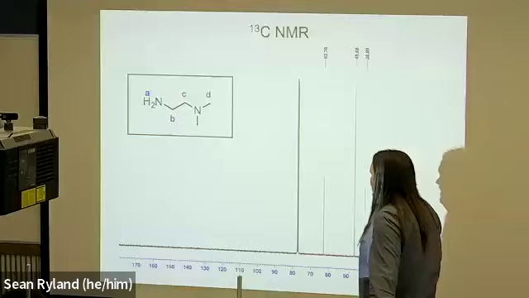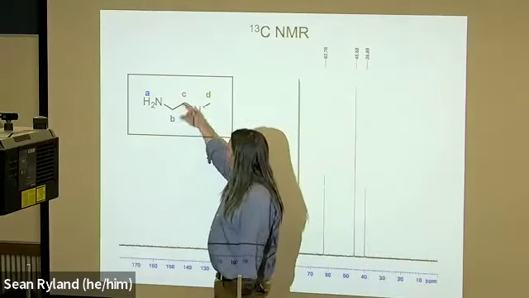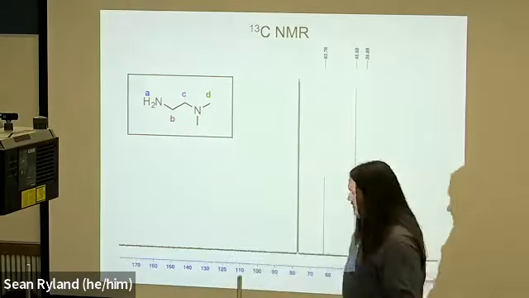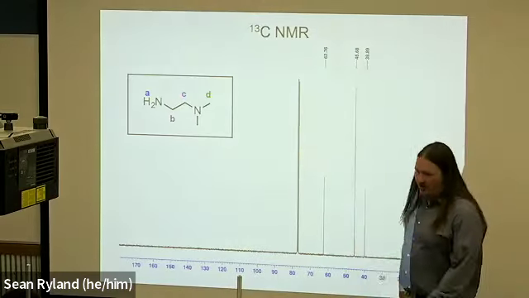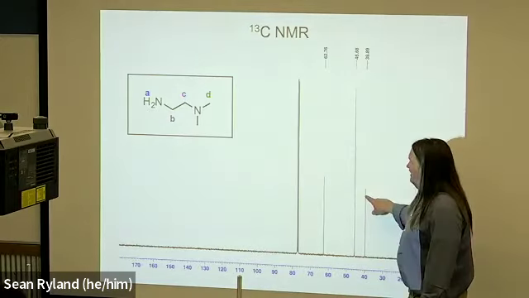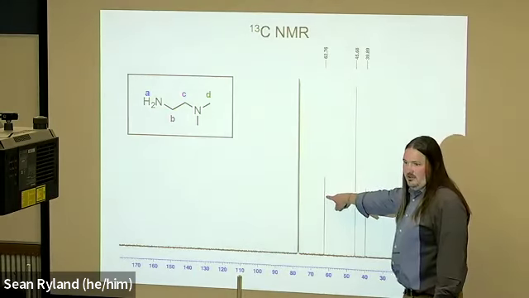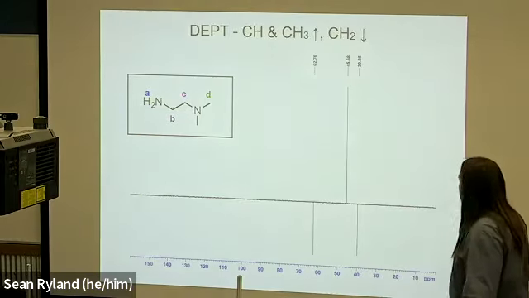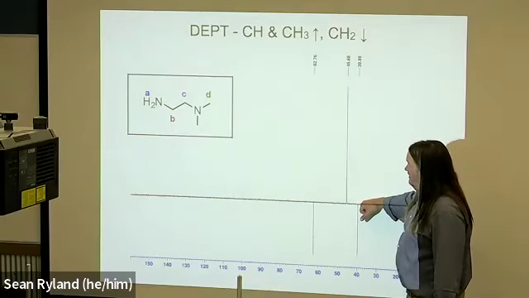So this is just our asymmetric molecule. So now we should see three carbon signals, and then our amine. And same solvent peak here, so ignore the solvent peak. There's our three carbon peaks. We'd normally say, okay, D is going to be the most shielded, then C, then B. And if we look at the DEPT, D is pointed down, so I take it back.